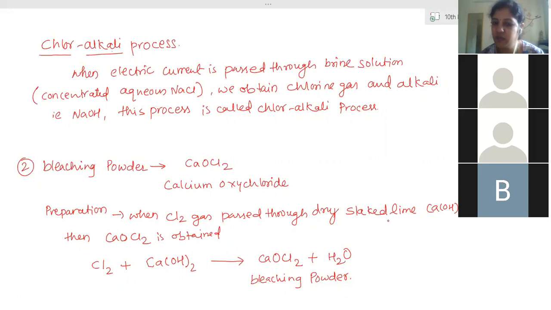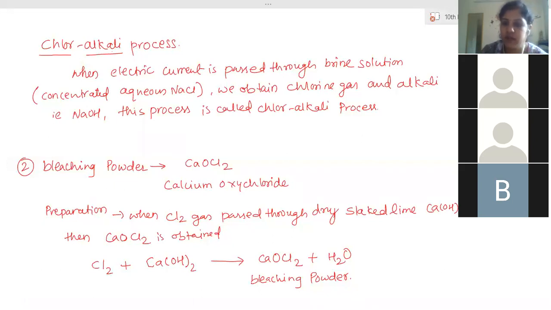As soon as bleaching powder is dissolved in water, chlorine gas is released, and the work for which we use bleaching powder is actually performed by chlorine gas. Therefore, bleaching powder is considered a storage molecule of chlorine gas. Now, for what purpose do we use bleaching powder?